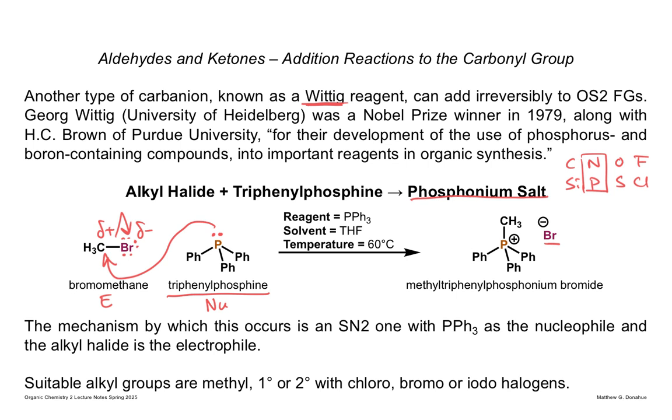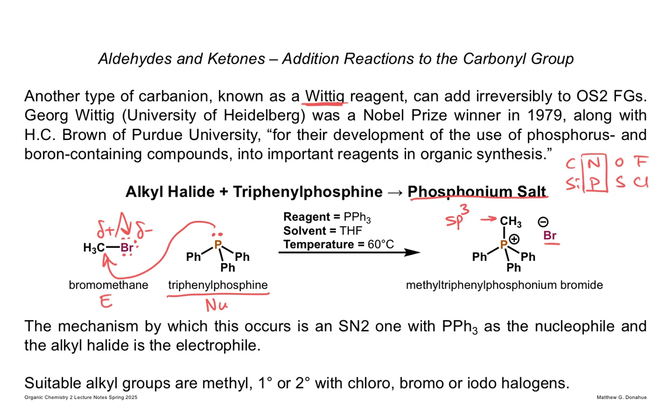Now, the consequence of doing this, so we know that carbon is sp3 hybridized. So it's alkane-like, and it's a pretty weak acid. But you have a plus charge now next to it. And overall, that makes the CH bonds a little bit more acidic, so you can deprotonate them.